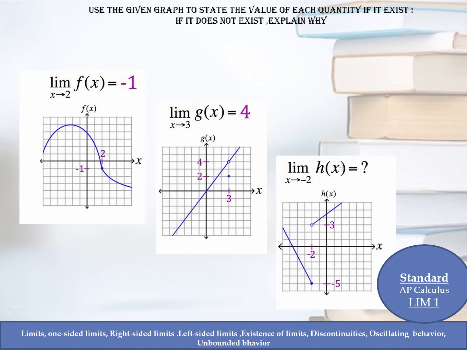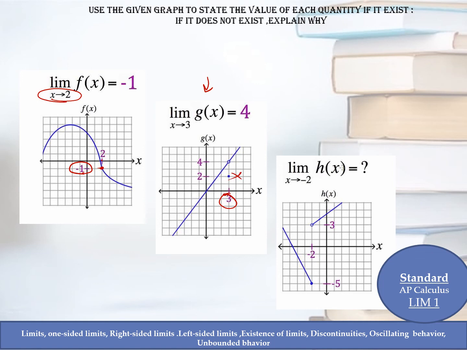Let's see if you understand these graphs or not. Limit x approaches 2 from both sides. So this is the 2. Where is the point? Here is the point. The answer is -1. Now second graph, limit x approaches 3, g of x. So on the 3, for the limit, we have to read the line.